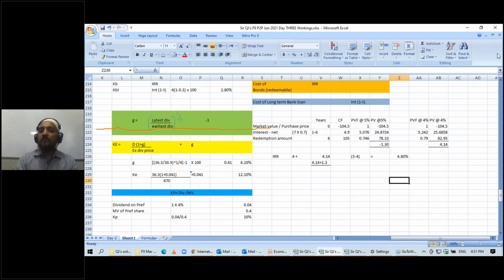So there you go, you now get all the costs of capital, the different types of capital which the business has used in this question.